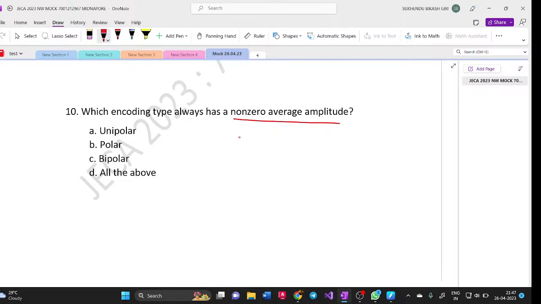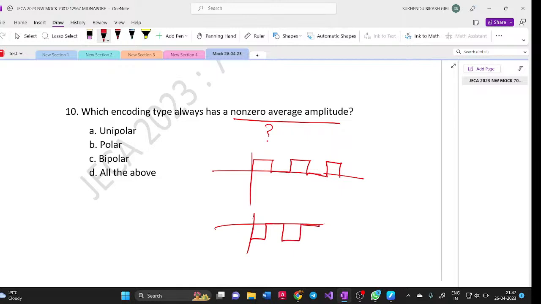What is the meaning of non-zero average amplitude? That means the positive voltage is not neutralized by the negative voltage. Or we can answer it in the reverse direction: negative voltage is not neutralized by the positive voltage.